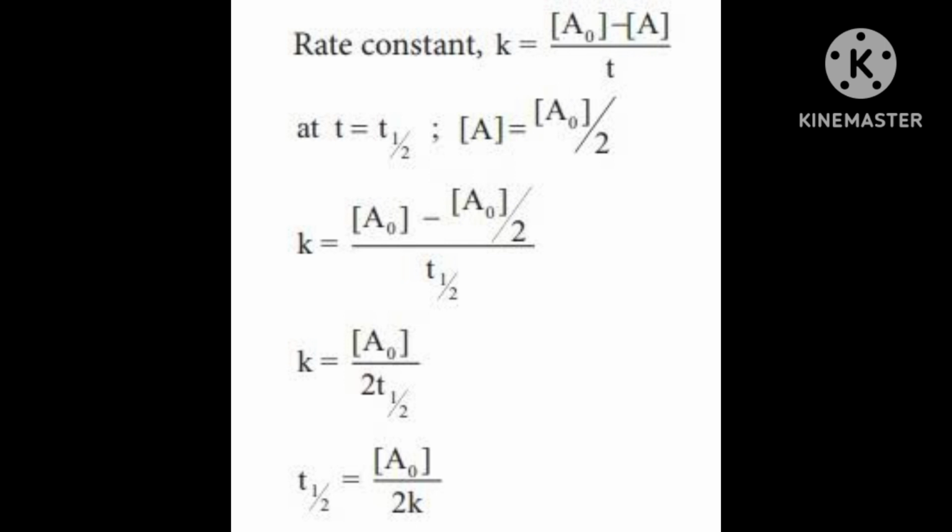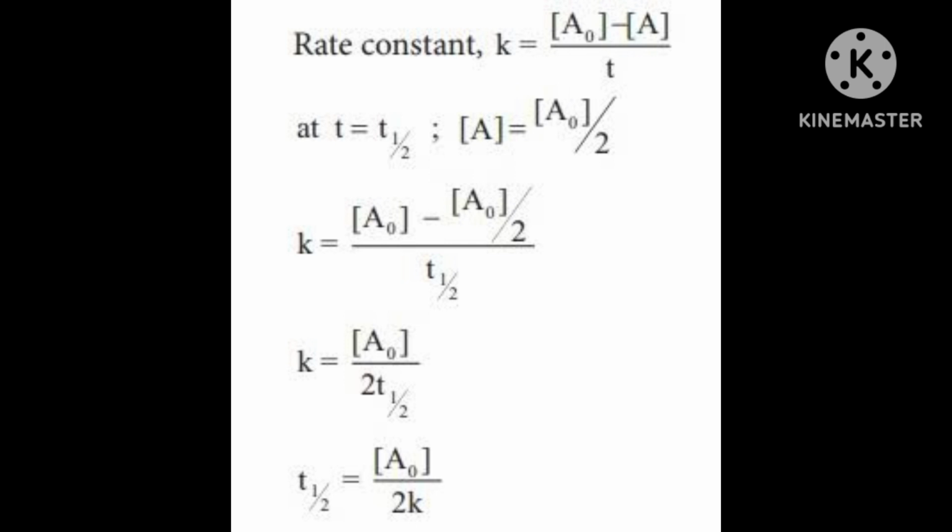What is the difference of these two? The difference will become 0.001. That is 10 to the power minus 3.